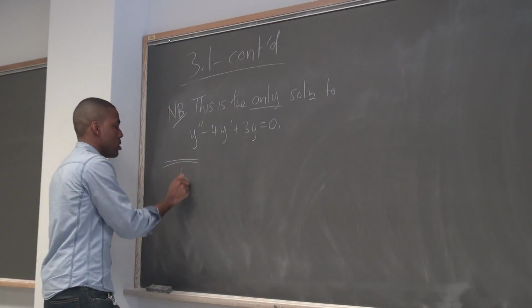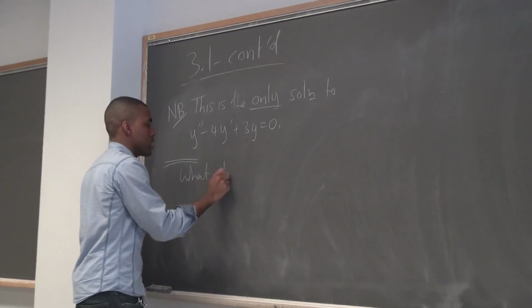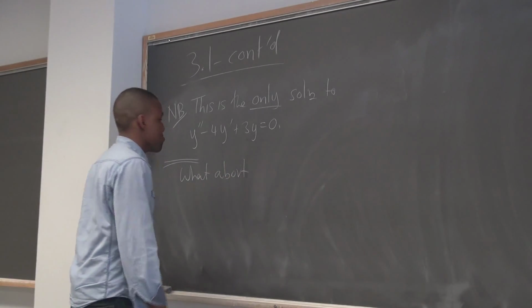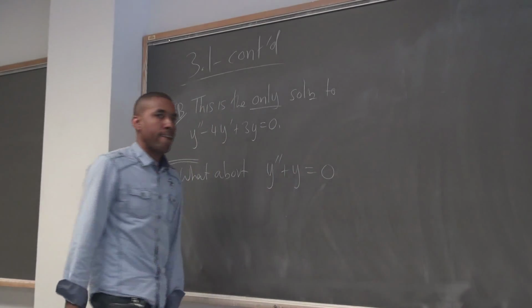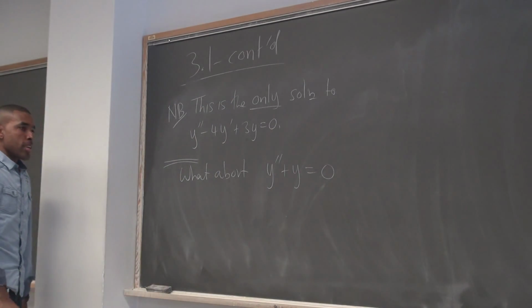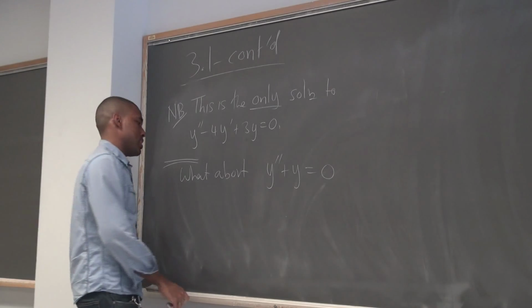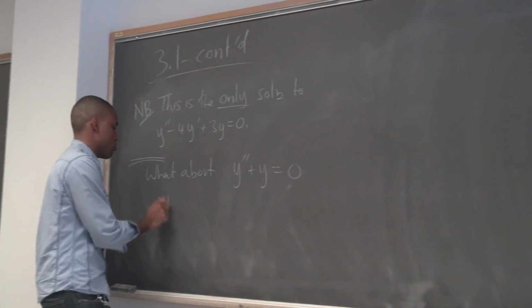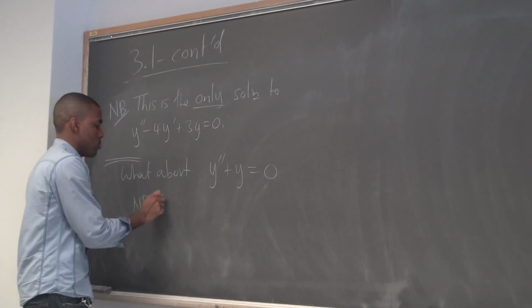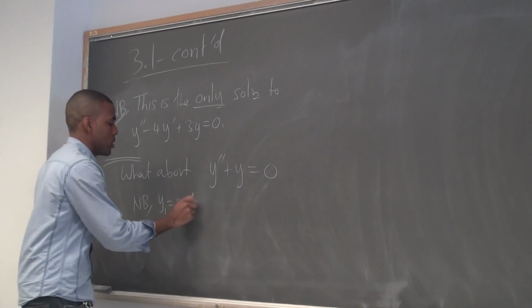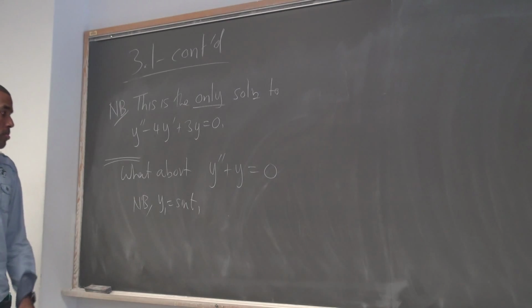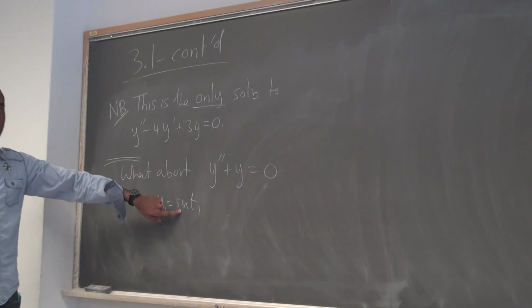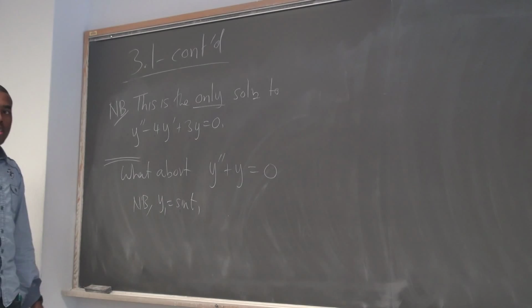And so you might ask, what about something like y double prime plus y equals 0? And you might say, note, sine is a solution to this. If I take the second derivative of sine of t, I get minus sine of t.